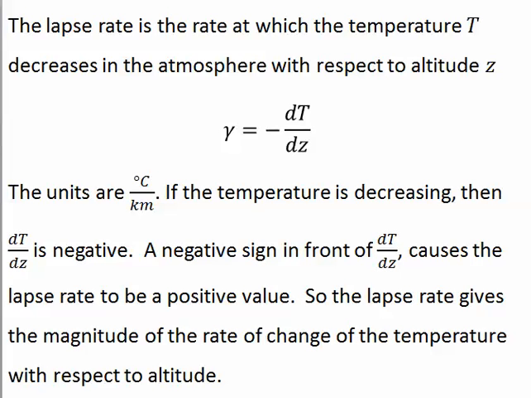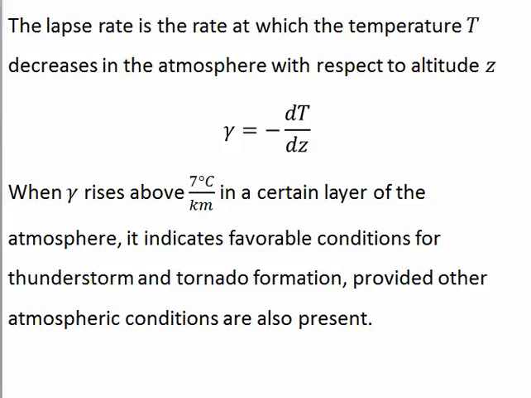And so by putting a negative sign in front of dT/dz, this just causes the value to be positive. So lapse rate gives the magnitude of the rate of change of the temperature with respect to altitude. Now, when the lapse rate rises above 7 Celsius per kilometer in a certain layer of the atmosphere, it indicates favorable conditions for thunderstorm and tornado formation.